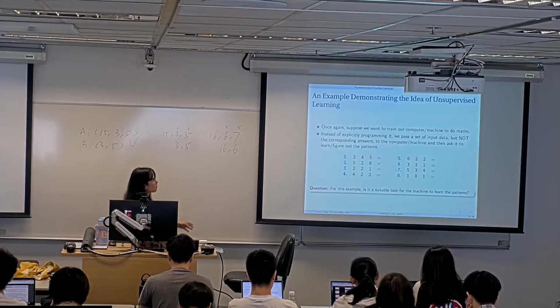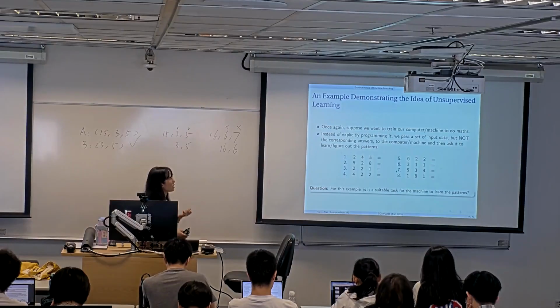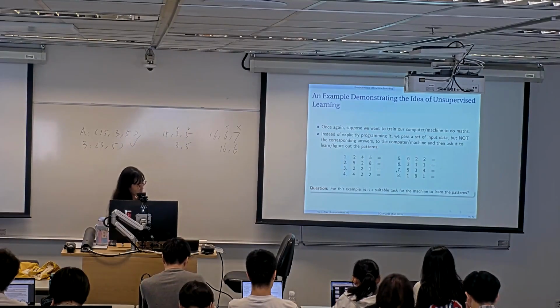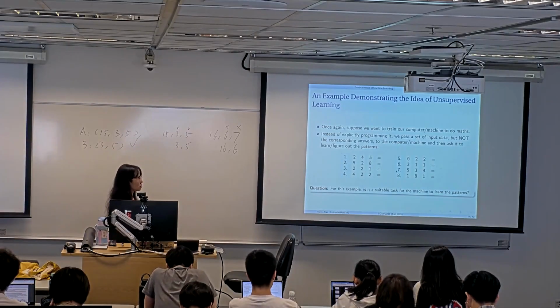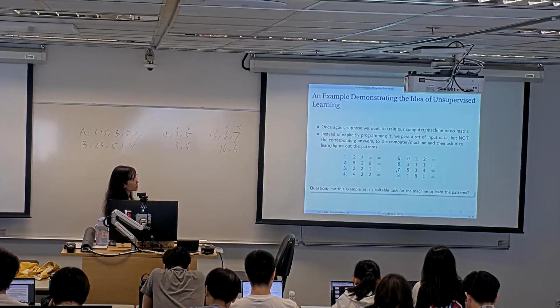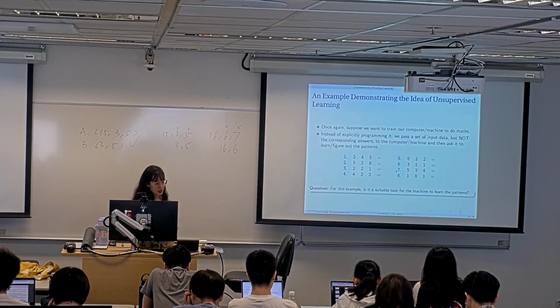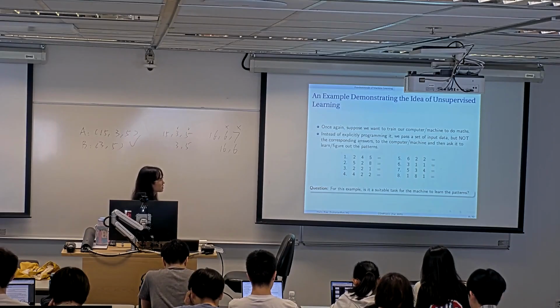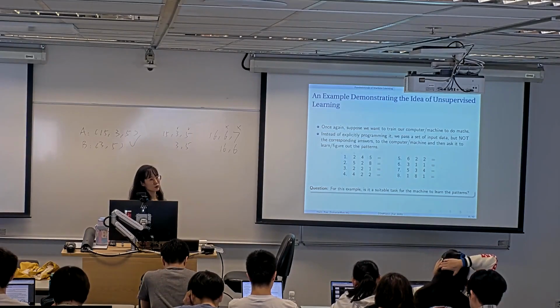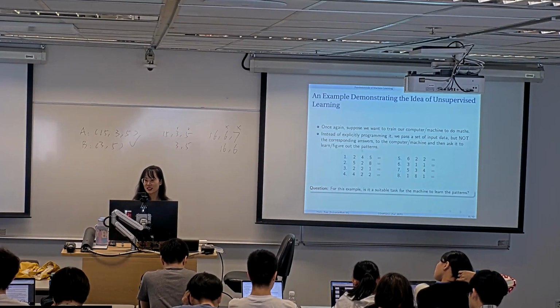Again, the same example demonstrates the idea of unsupervised learning, but since it's unsupervised, we do not provide labels to the machine. So we want to train the machine to do math. We pass the input data, but not the corresponding answer, and then we ask the machine to figure out the patterns from this data set.